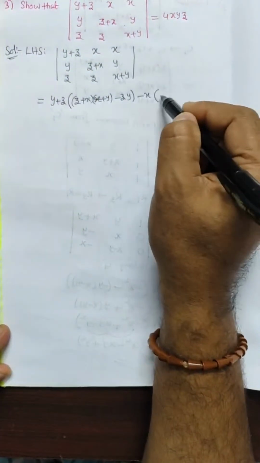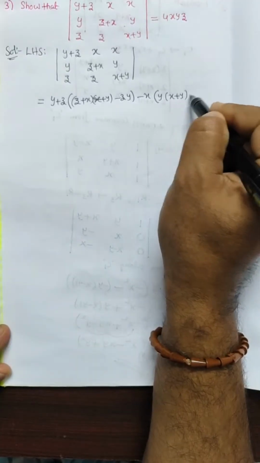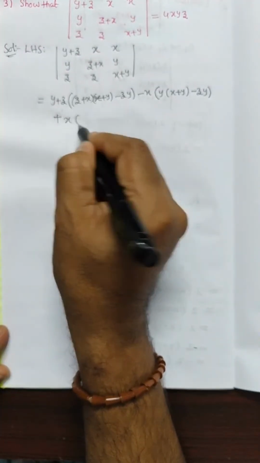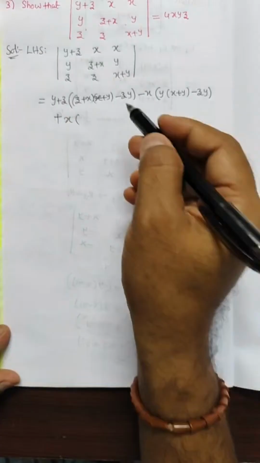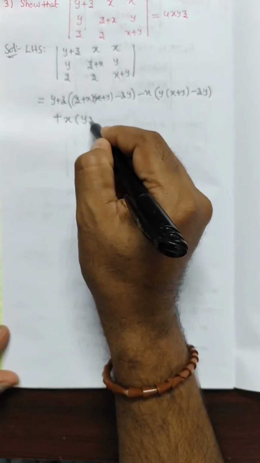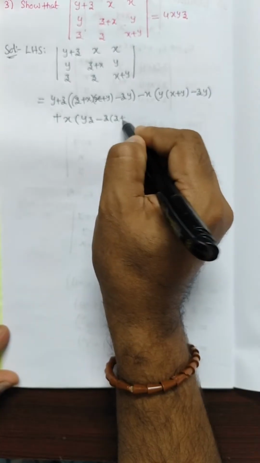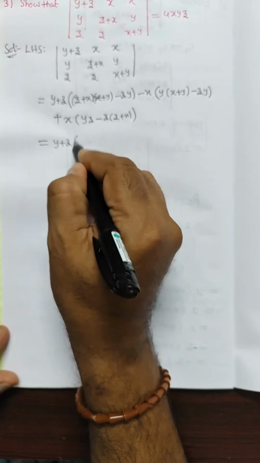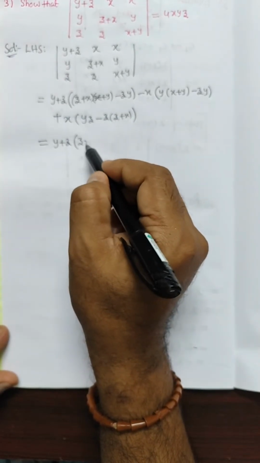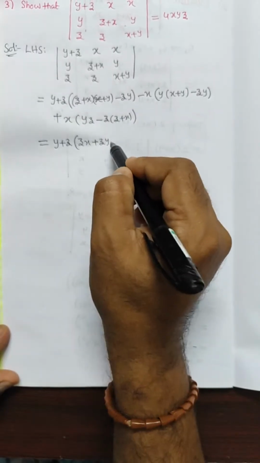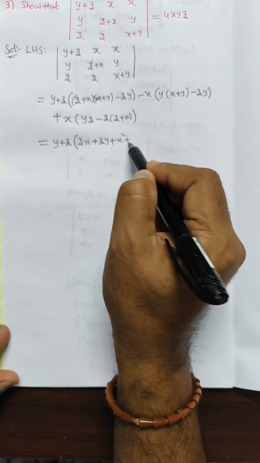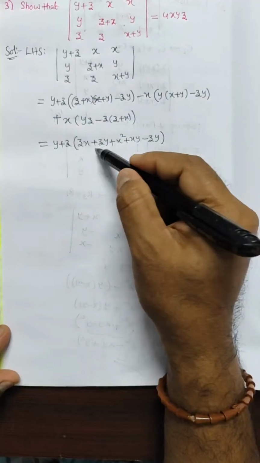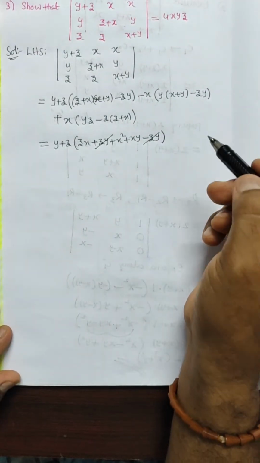Next minus x into y into x plus y minus zy, plus x into yz minus z into z plus x, which is equal to y plus z into zx plus zy plus x square plus xy minus zy, the zy minus zy get cancelled.